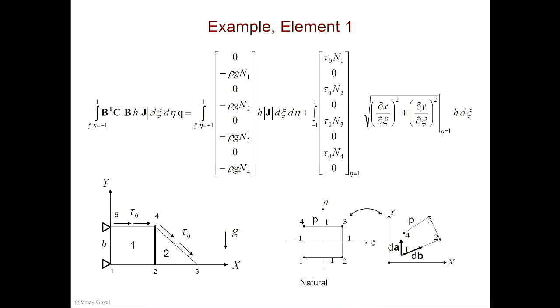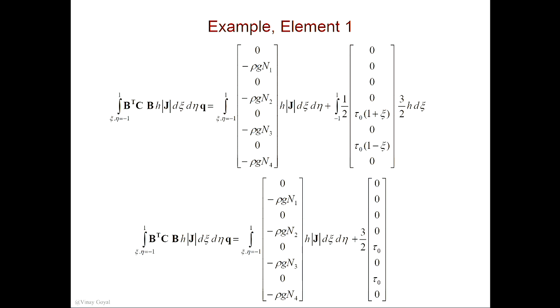When you do that, you basically get the element formulation for this element, which is given here. Okay, so you evaluate eta equals 1, and then the square root, you evaluate eta equals 1, and then you basically get this here. And when you integrate this guy here, you get 0, 0, 0, tau 0, 0, tau 0, 0. Okay? And then you get 3/2 here.